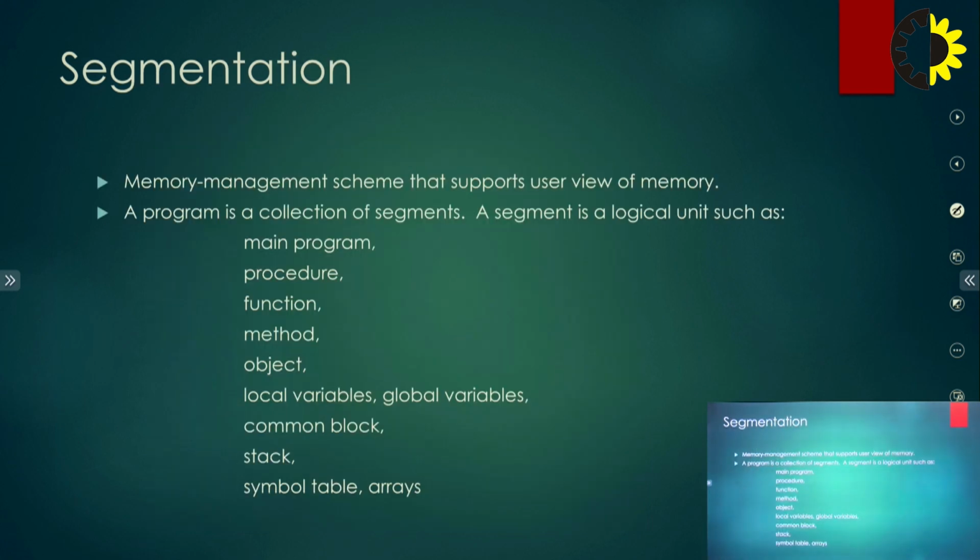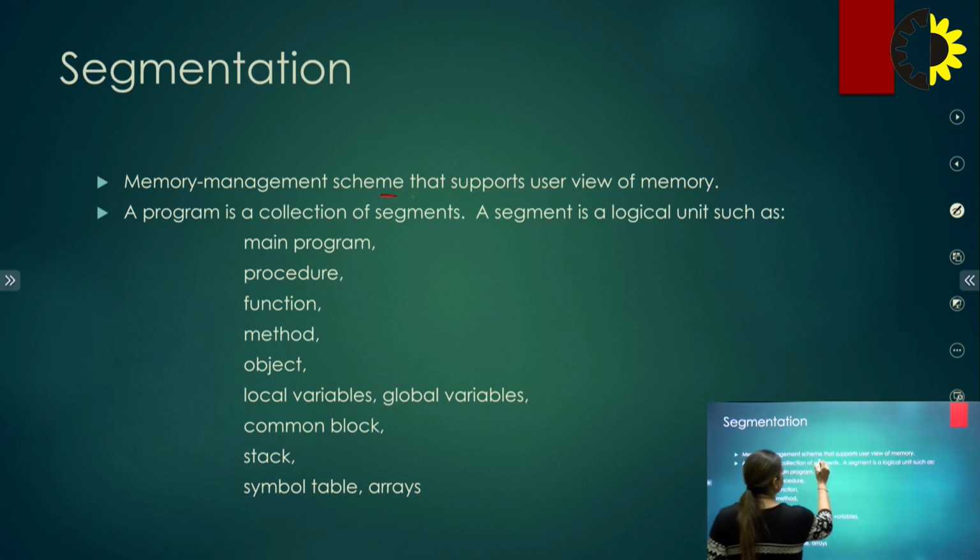Now what is segmentation? Earlier in the paging scheme, we were dividing memory into blocks of the same size. But there can be a loss of code, or we require contiguous blocks so that the whole code can be kept in one place. Here we are solving that problem with segmentation, where we can logically divide the process into different blocks, right?